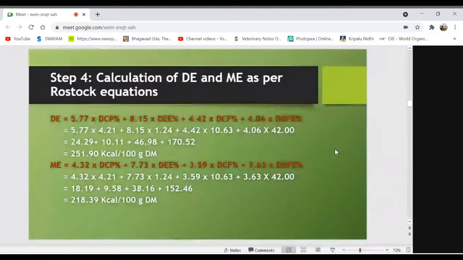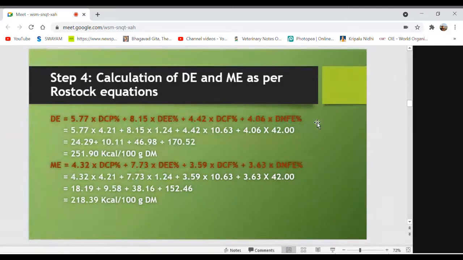Of course, you cannot assume this calculation as absolutely correct, but it will provide some idea or approximate value of digestible energy as well as metabolizable energy content of a composite ration in ruminant animals. These two equations are only applicable for ruminant animals, not for other animals. Please remember that.